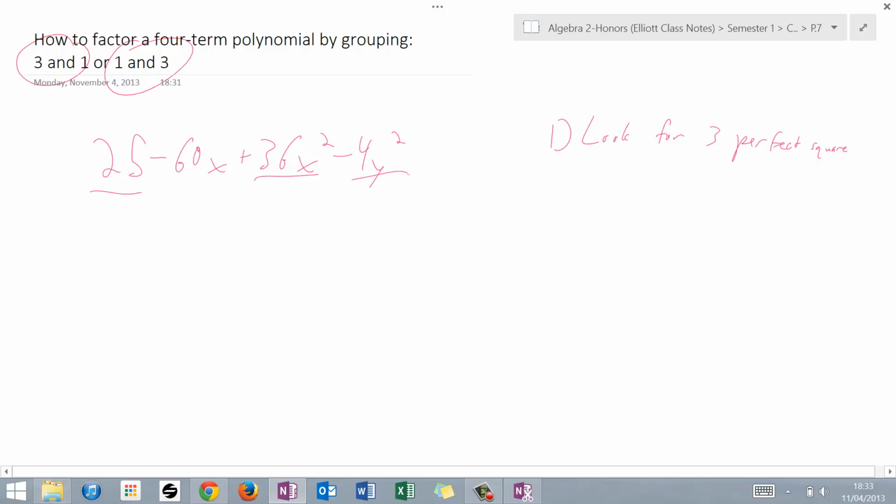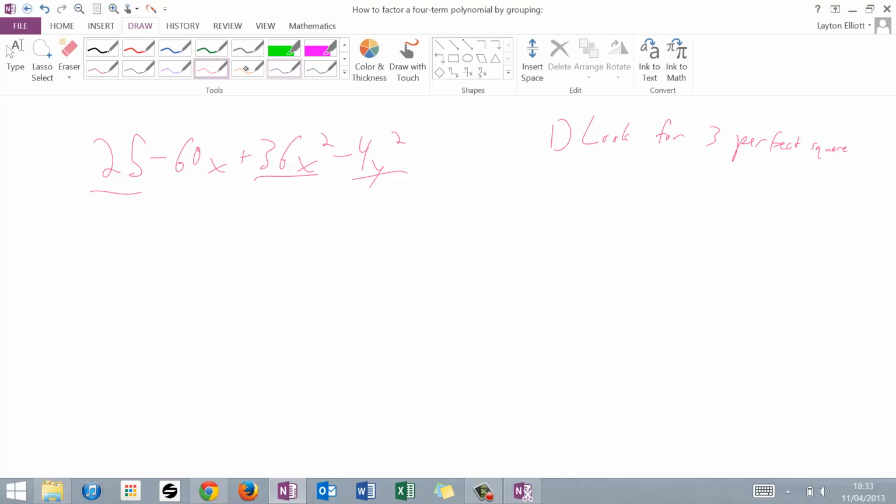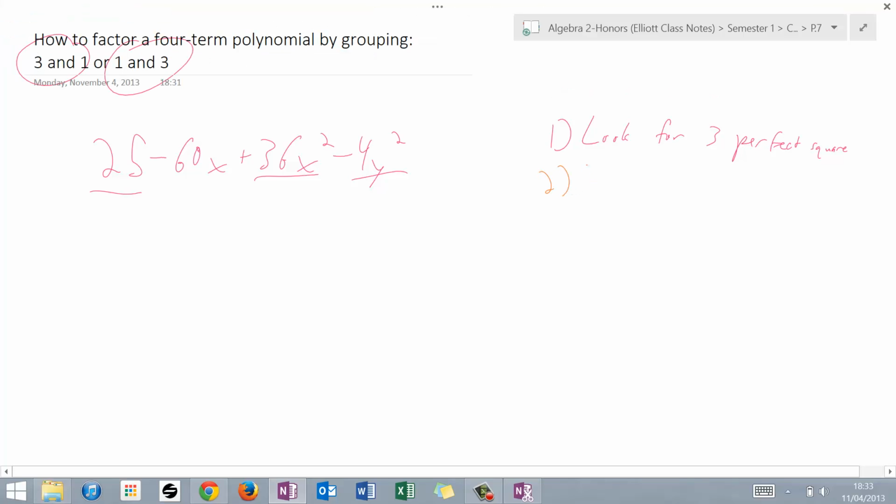So, step 2 is to look at the middle term, look at the remaining one left, meaning this one.